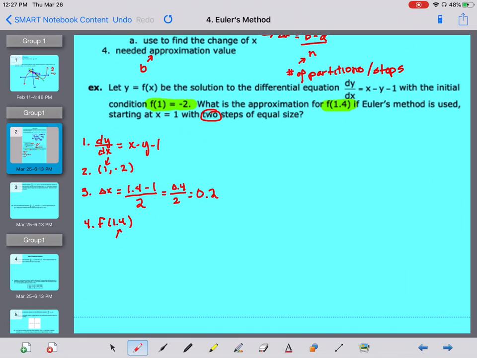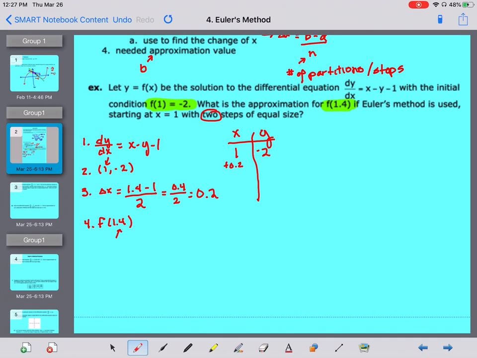The next thing that I do so that I can organize my work, because I am going to be doing the same thing over and over again, and I want to make sure that I get the right things everywhere, is I create a table for my x's and the y's that we find. Our table always starts with a known value, so 1 and -2. To get our next x value, we're going to add the change of x.